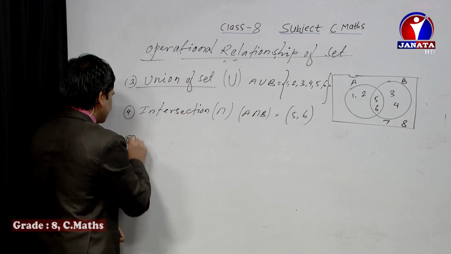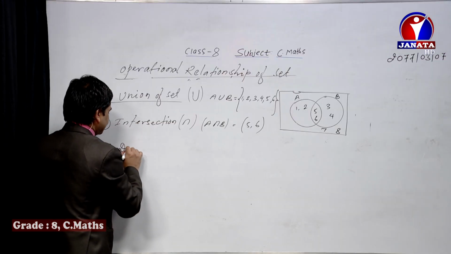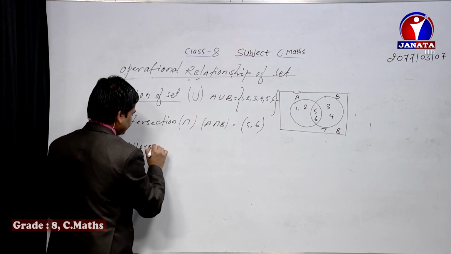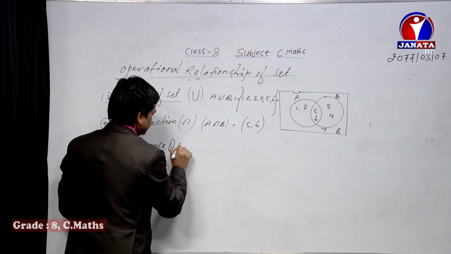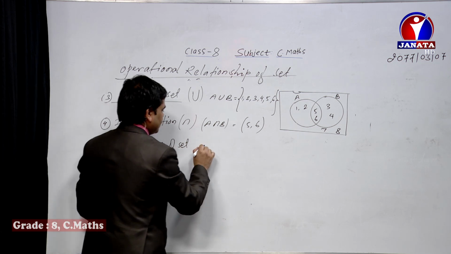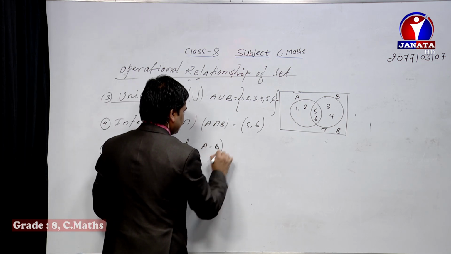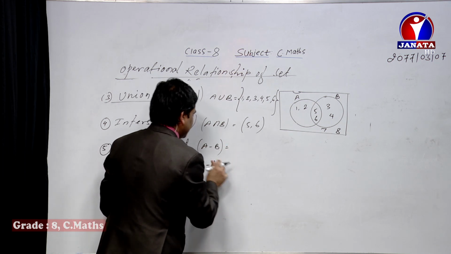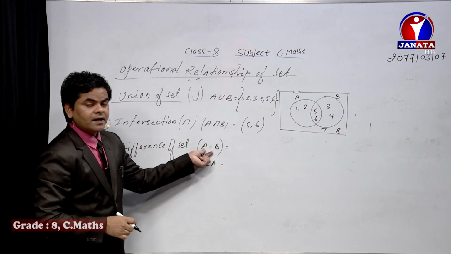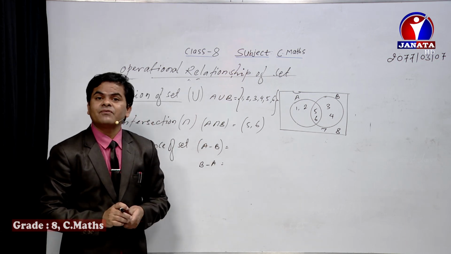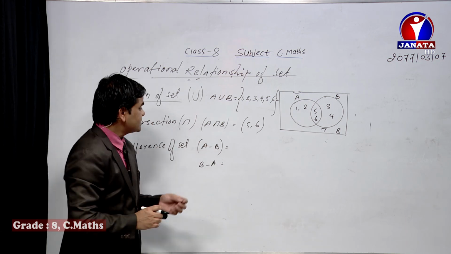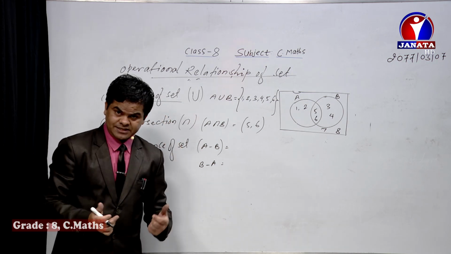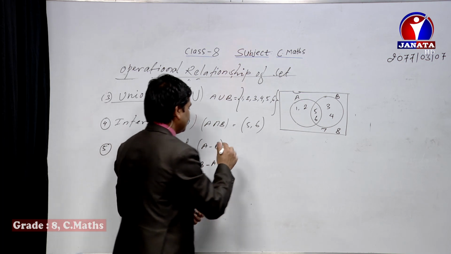Now another one is, dear students, difference of set. I have discussed it in the previous class also. Difference of set. It means A difference B, another one is also there, B difference A. How to find out? This represents only A, the elements of only A, those elements which are contained in A set only, the pure elements of set A, to them only we need to include.